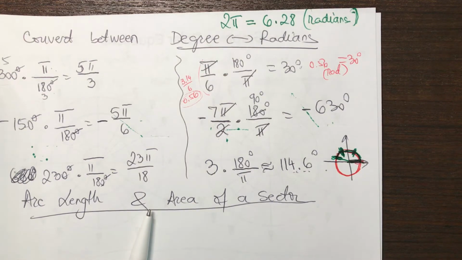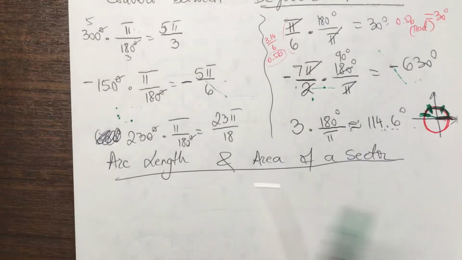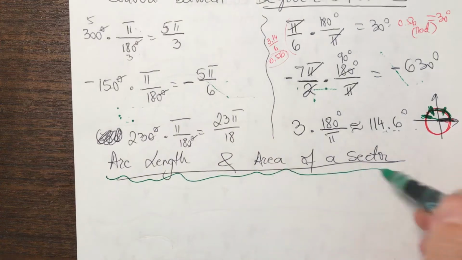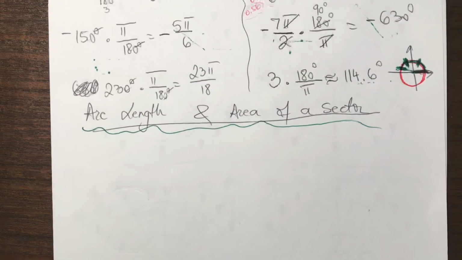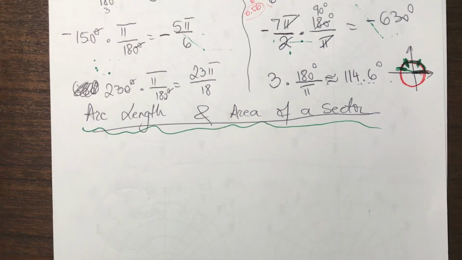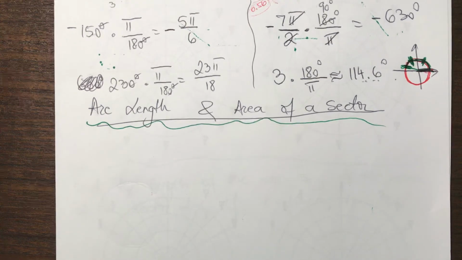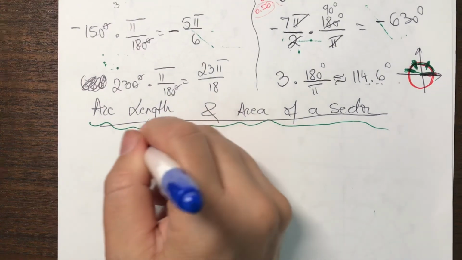Okay, all right. So a few more things, just a couple more formulas, arc length and area of a circle. You've done these also in trig, so I just wanted to remind you of those 2 formulas. So going back to our circle, really easy.